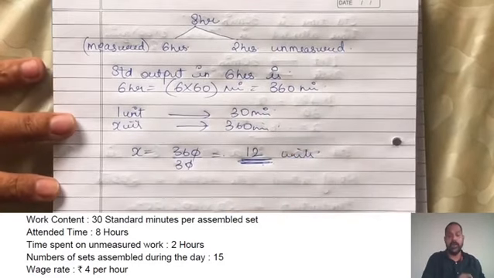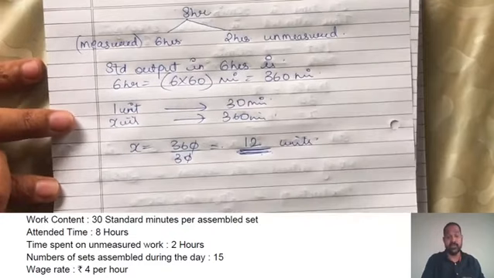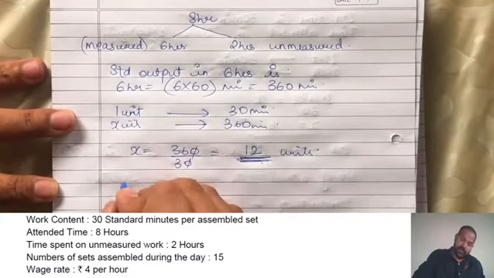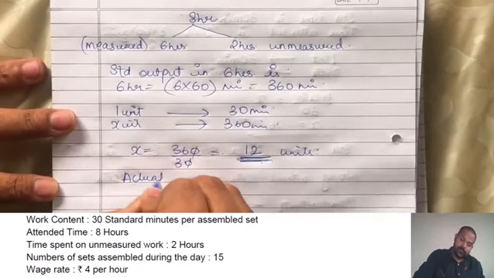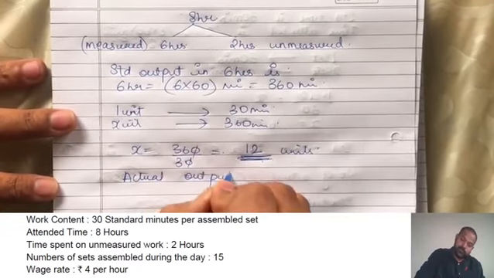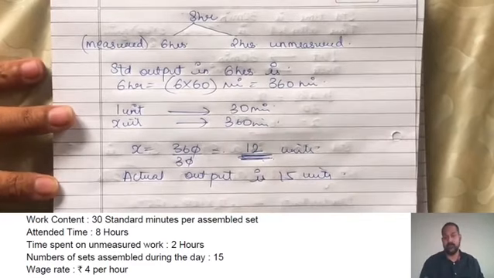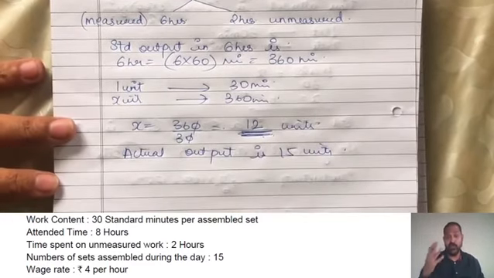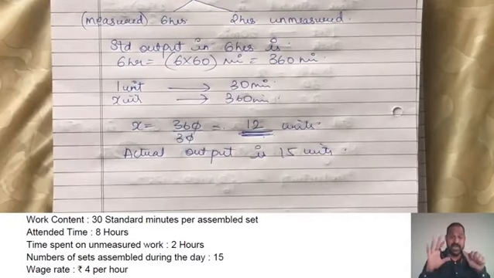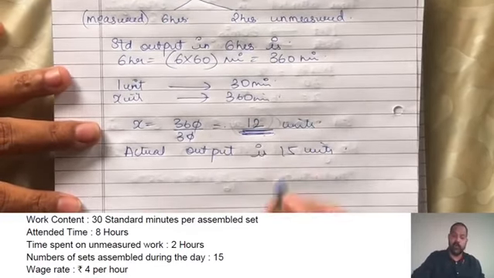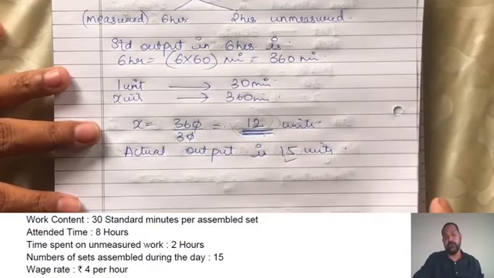Okay. How many units is your operator giving out? 15 units. Actual output is 15 units. Are you good or are you bad? Very good. In 6 hours of measured work, I am expecting an output of 12 units, but you are giving me an output of 15 units.